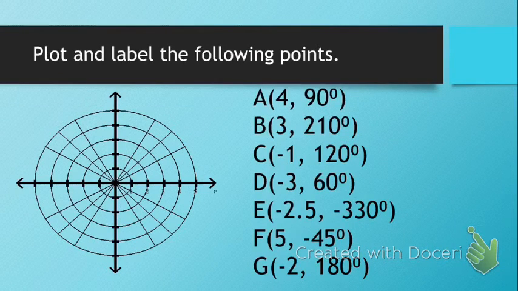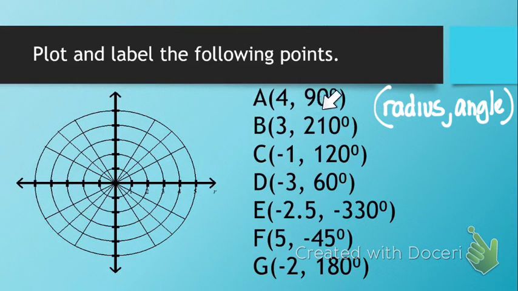So when you're graphing on a polar axis, the first number is your radius, and the second number is your angle. So what this means is I'm going to 90 degrees, and then I'm going out to a radius of 4.